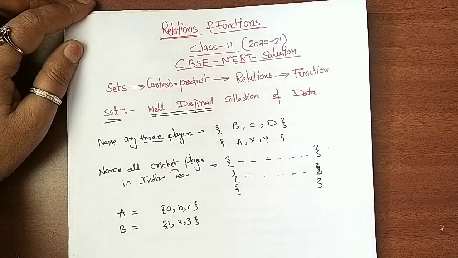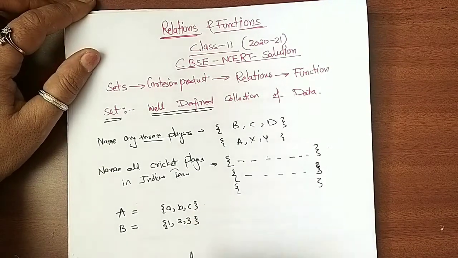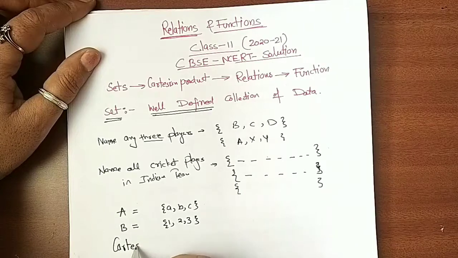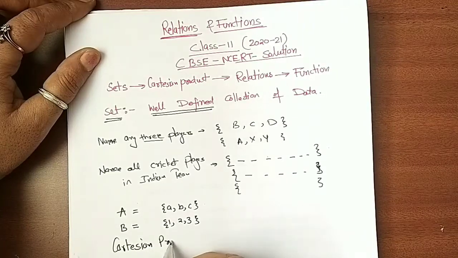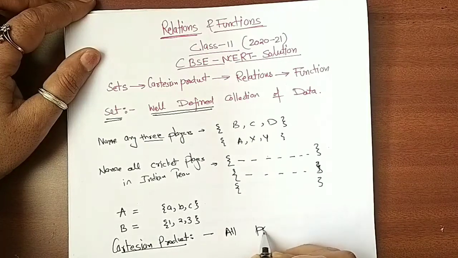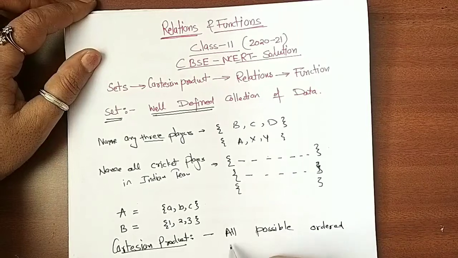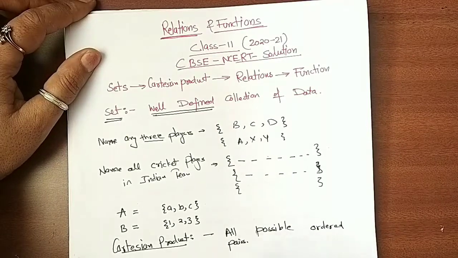Cartesian product means we will first make ordered pairs. Please write down: Cartesian product means all possible ordered pairs. Ordered pair means we need to take in order.